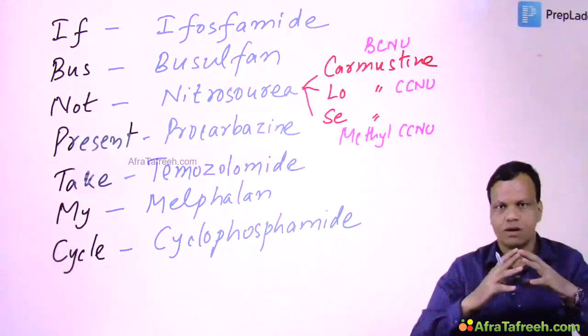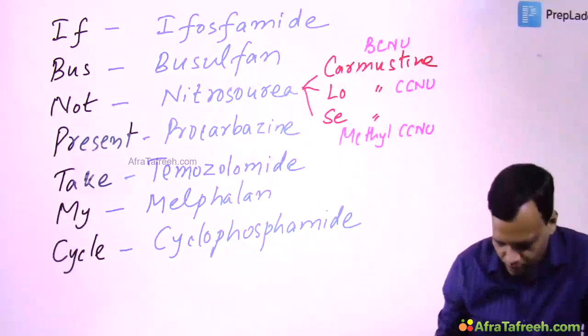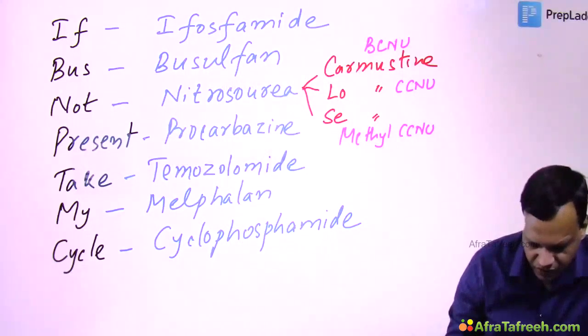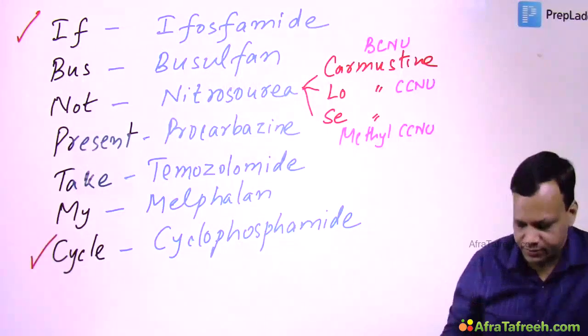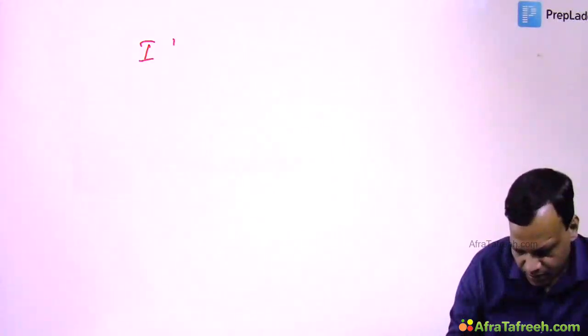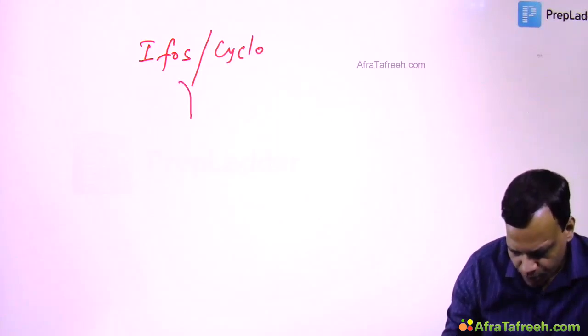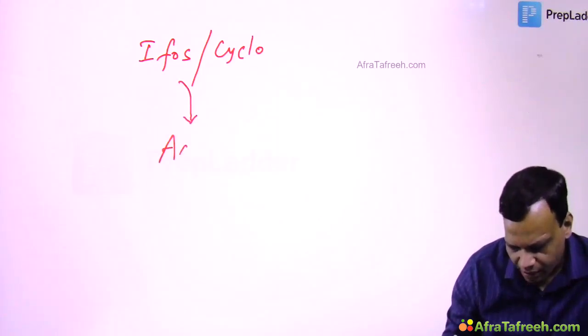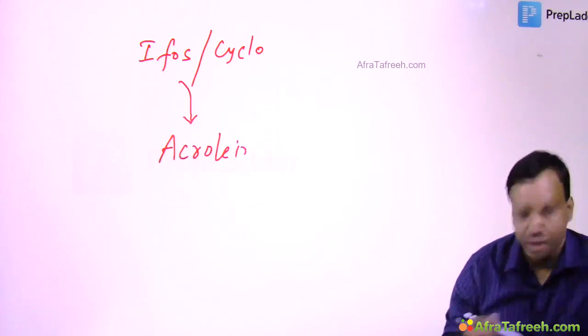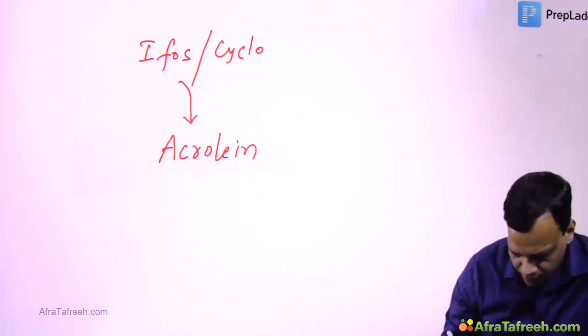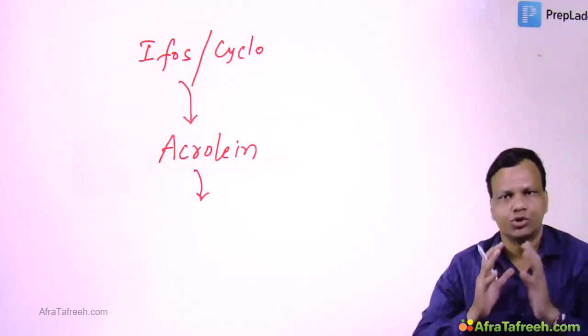Now special points about individual drugs. The first and the last drug, ifosfamide and cyclophosphamide, are metabolized to produce a compound called acrolein. This acrolein is very toxic to the urinary bladder.